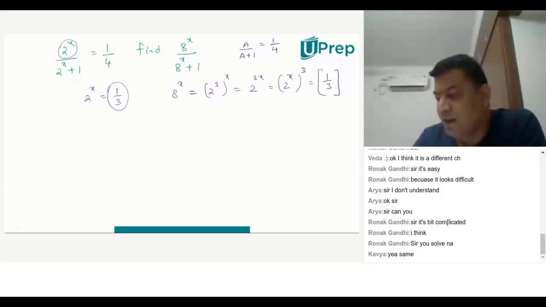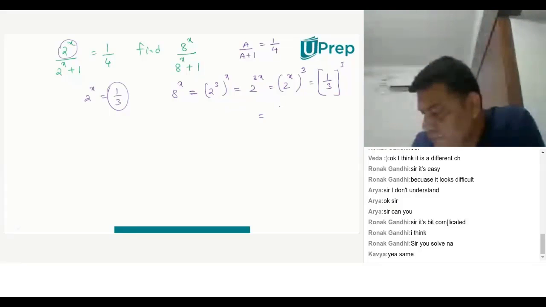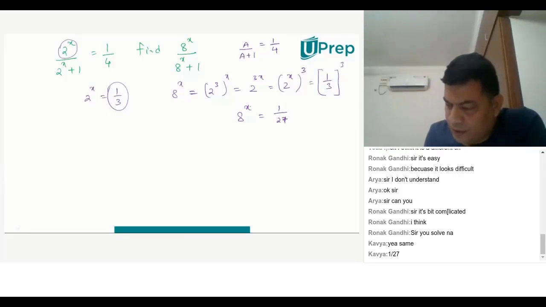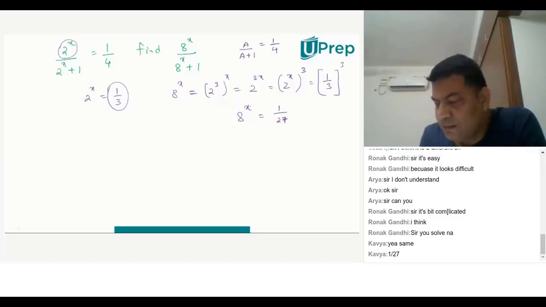So it's 1 by 3 whole cube by 1 plus 1 by 3 whole cube. 1 by 3 cube is 1 by 27. So you'll get 1 by 27 by 1 plus 1 by 27. That's the problem.